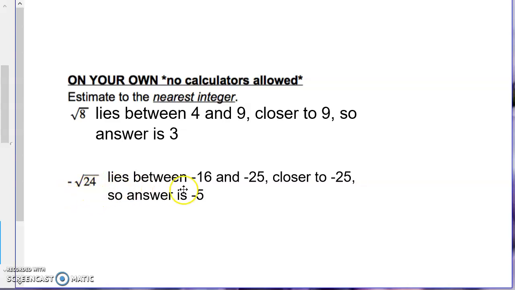So the negative square root of 24 falls between negative square root of 16 and negative square root of 25. The square root of 16 would be 4, and all these numbers in between lead up to the negative square root of 25, which is negative 5. Because the negative square root of 24 is closer to negative square root of 25, I would approximate it to the nearest integer to be about negative 5.